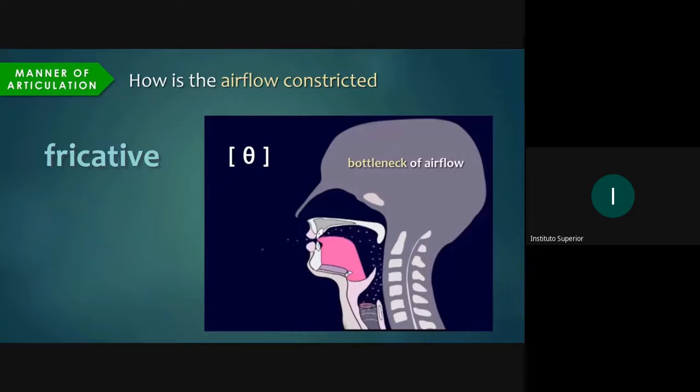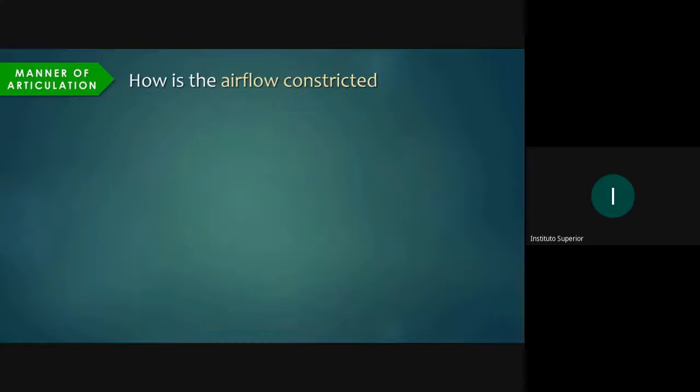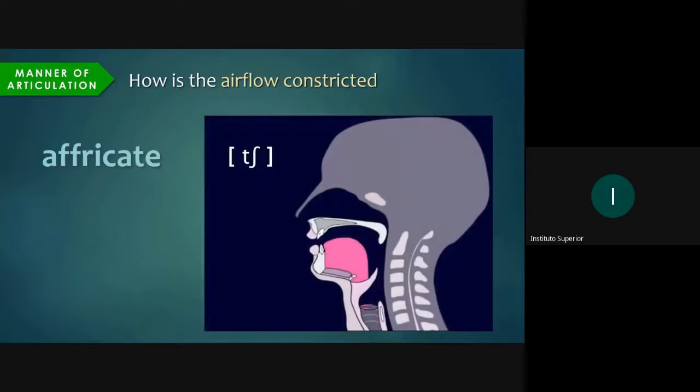And this gives the sound a friction-like quality, such as v, f, z, sh. Affricates result from a sequence of stop plus fricative in rapid succession. So the affricate ch represents t plus sh, just as the affricate j results from d plus zh.